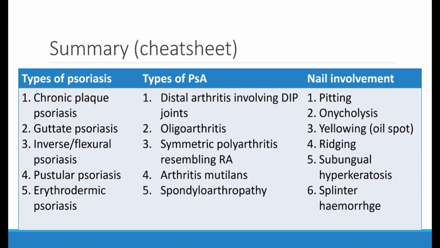Next, types of psoriatic arthritis: distal arthritis involving your distal interphalangeal joints, oligoarthritis, symmetric polyarthritis resembling rheumatoid arthritis, arthritis mutilans, as well as spondyloarthropathy. And lastly, for nail involvement, you have pitting, onycholysis, yellowing or oil spot sign, ridging, subungual hyperkeratosis, as well as splinter hemorrhages.